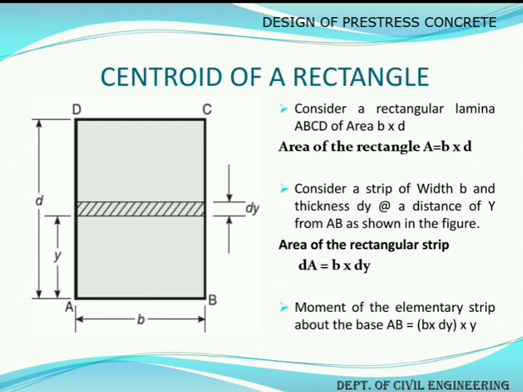Now AB is the reference, or say AB is the axis about which we are going to locate the centroid of this figure. Now as the axis is horizontal, that is AB is horizontal, we will need to find y bar in this case. So if you want to try, you can take the axis as AD. In that case you will need to find x bar.